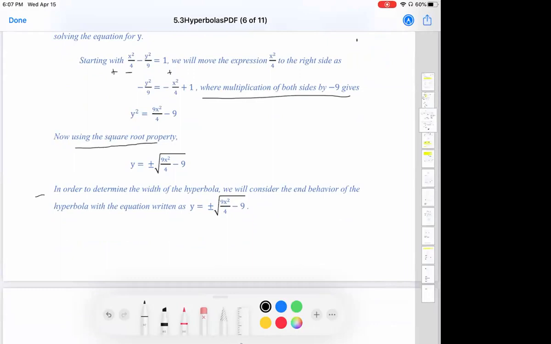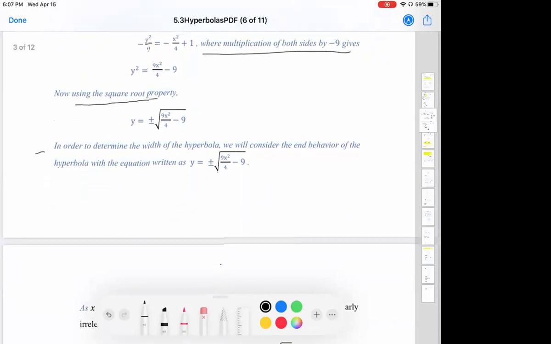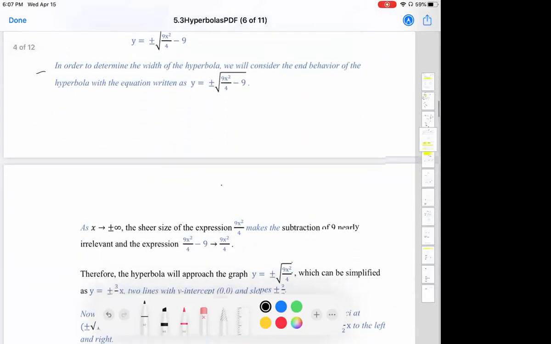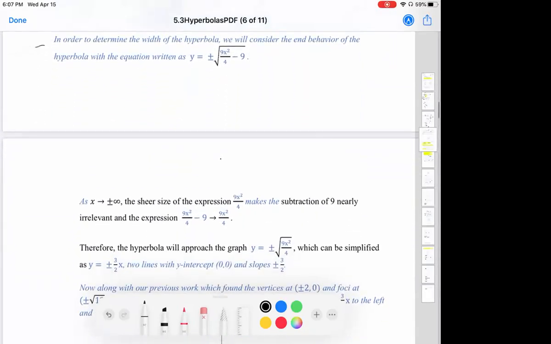In order to determine the width of the hyperbola, we will consider the end behavior of the hyperbola with the equation written as y equals plus or minus the square root of 9x squared over 4 minus 9. As x is approaching plus or minus infinity, 9x squared over 4 makes the subtraction of 9 nearly irrelevant to the expression.